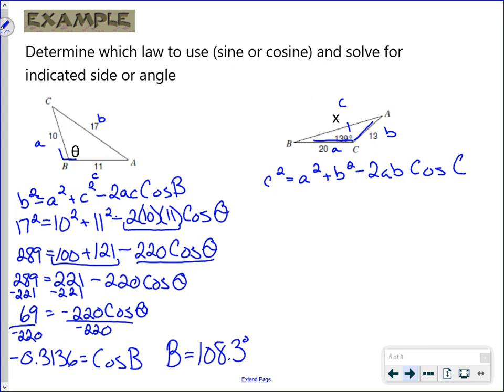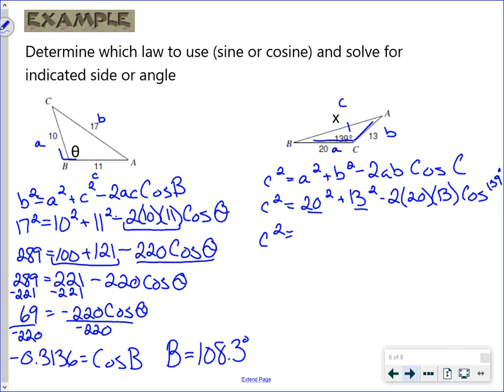So again, substitute in what we know. So we've got c squared equals 20 squared plus 13 squared minus 2 times 20 times 13 times cosine of 139 degrees. So we'll square our 20 and 13.